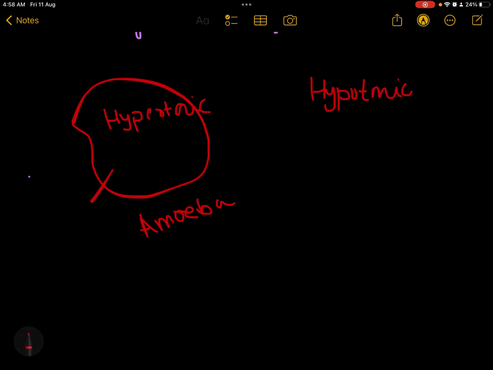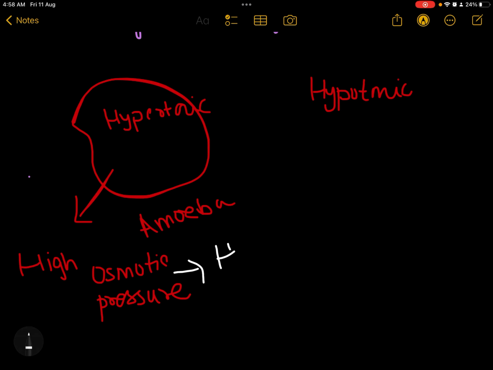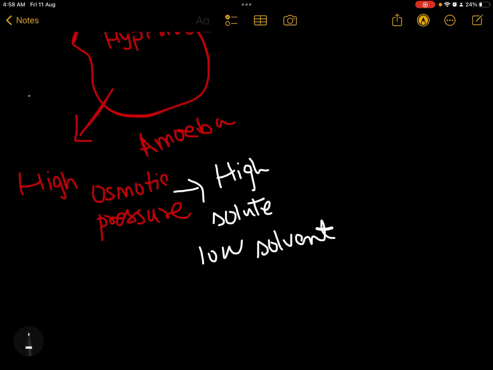The internal environment has high osmotic potential, high osmotic pressure, which means that there is high solute but low solvent.